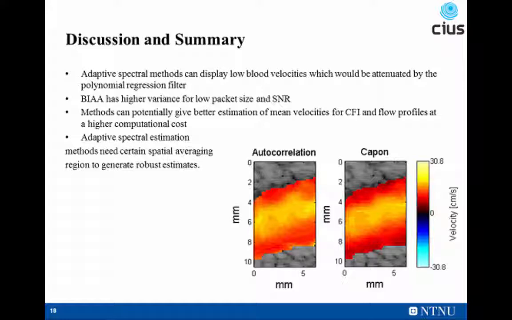So the methods can potentially give better color flow images, but at increased computational cost, with BIA being the most expensive. Another disadvantage of adaptive spectral estimation methods is that they need a certain spatial averaging region to give robust estimates.